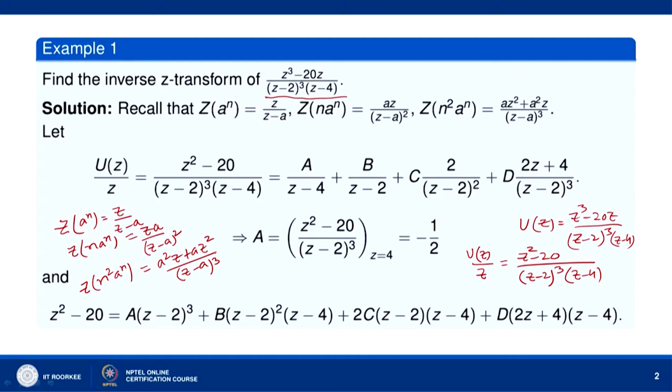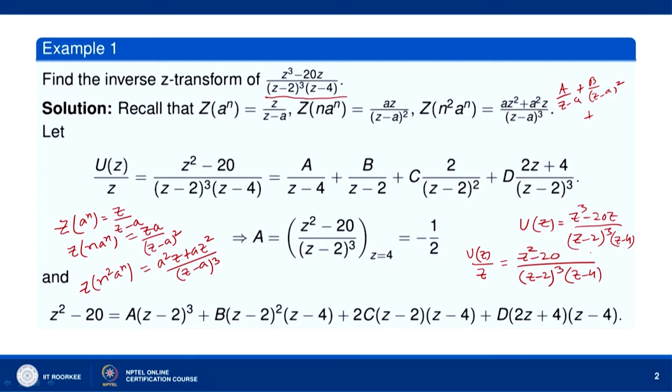So, there are some standard forms of the Z transforms of the sequences a to the power n, n a to the power n, n square a to the power n. If you straight away factorize U(z) into partial fractions of the form a over Z minus a plus b over (Z minus a) whole square and so on, then when we take the inverse Z transform, it will not come in the standard form.